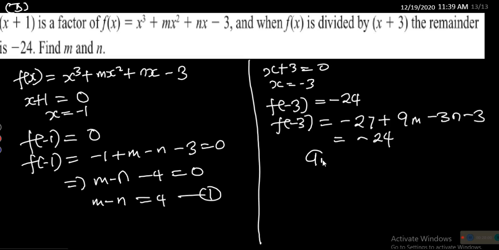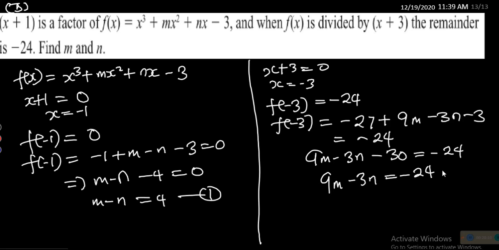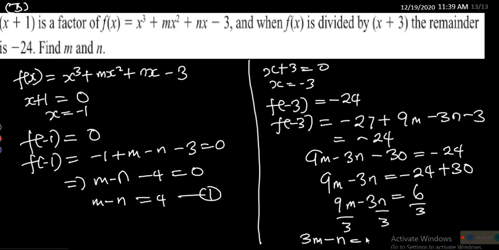So we have 9m minus 3n minus 30 equals minus 24. So 9m minus 3n equals minus 24 plus 30. So 9m minus 3n equals 6. So we divide all through by 3, we have 3m minus n equals 2. Let's call this equation 2.